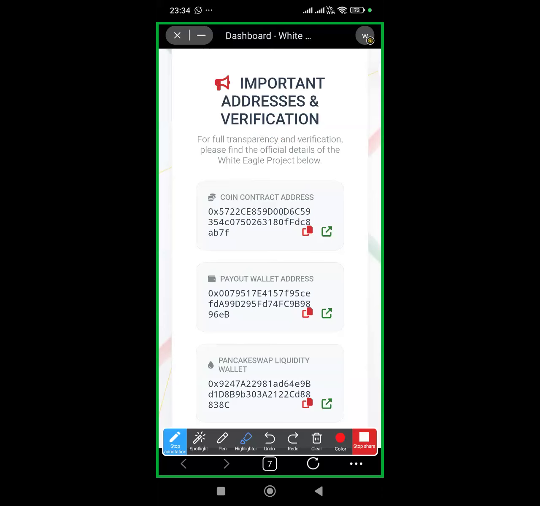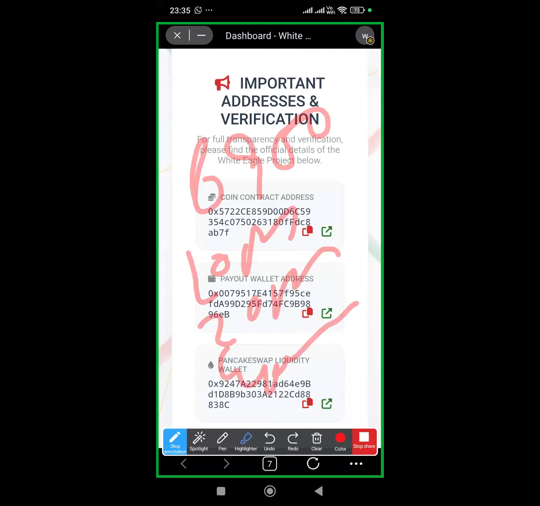Even if they wanted to put in fake liquidity, why would they put in just 8,900? I'm just telling you common sense here. If they wanted to, they should put in $10 million, $20 million, $40 million, $100 million, or $1 billion of fake liquidity.